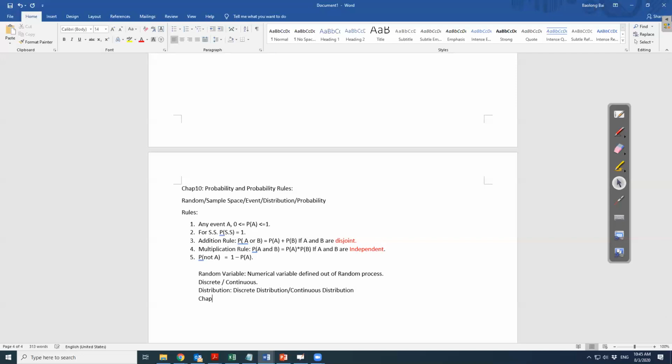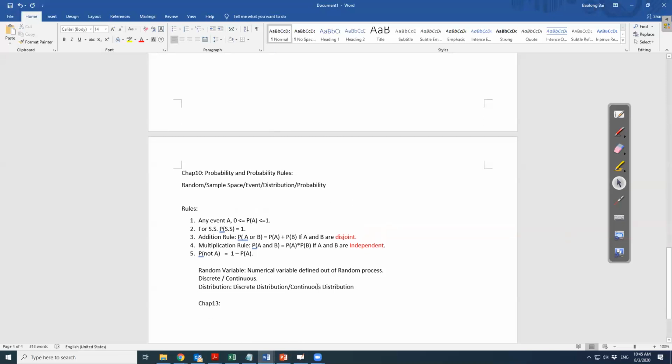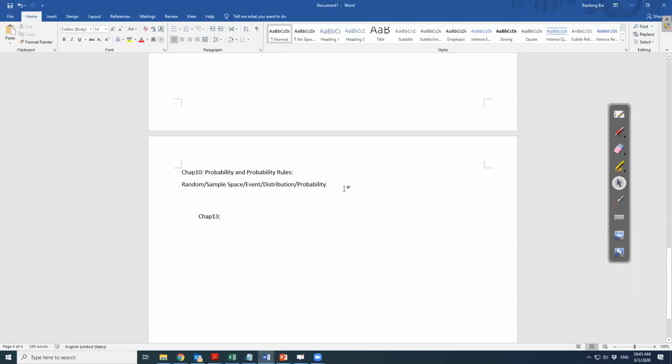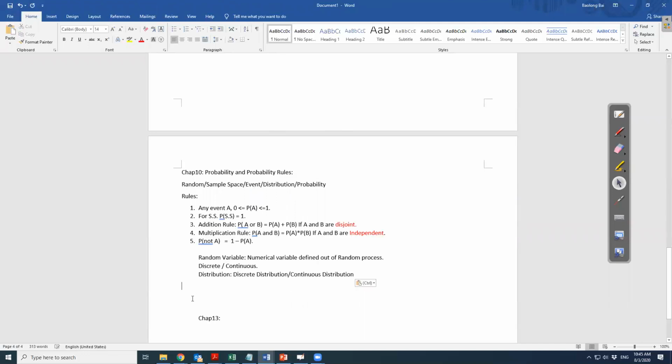That'll be chapter 13. So it goes through a particular discrete distribution that's called a binomial distribution.